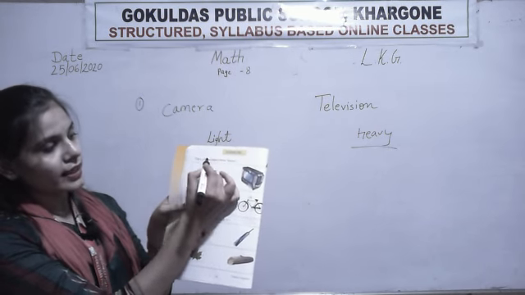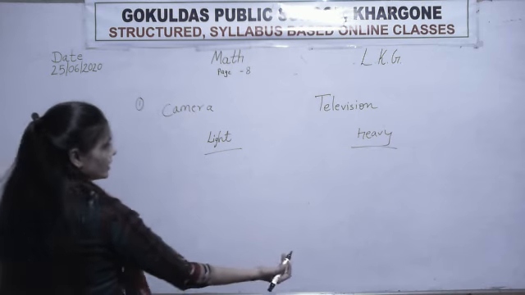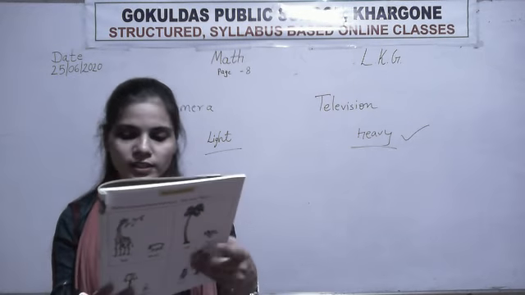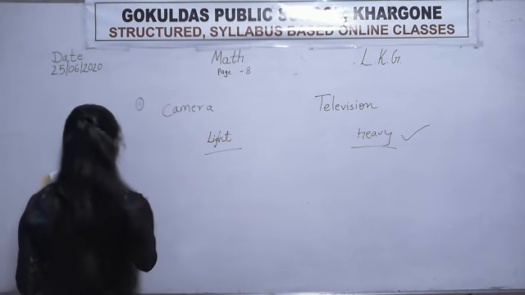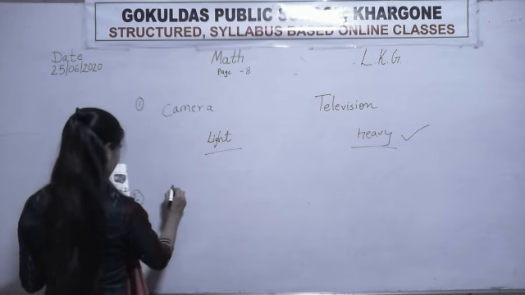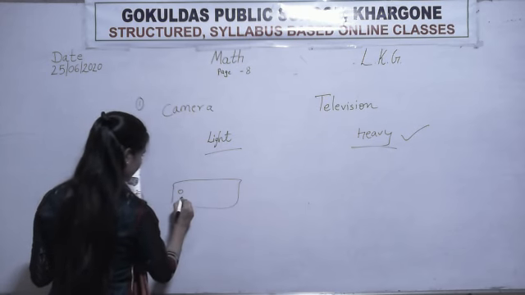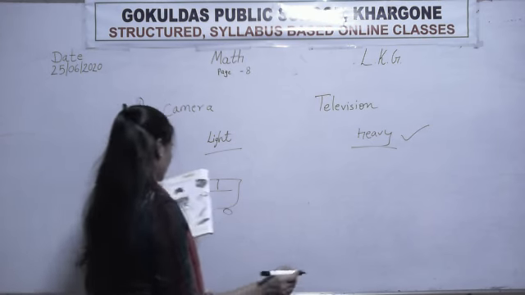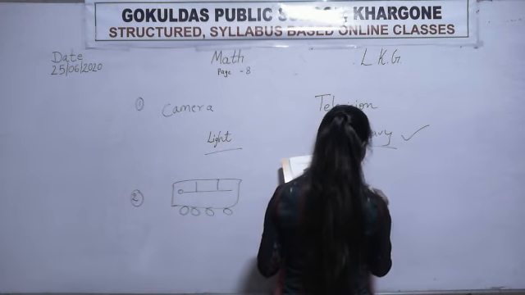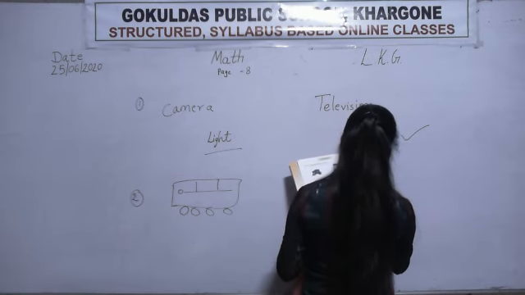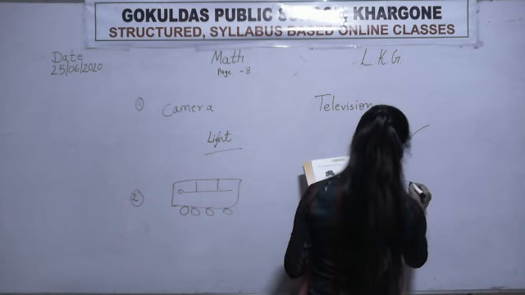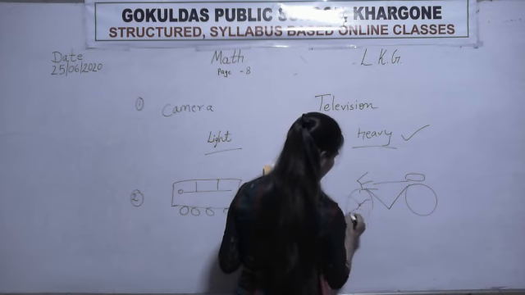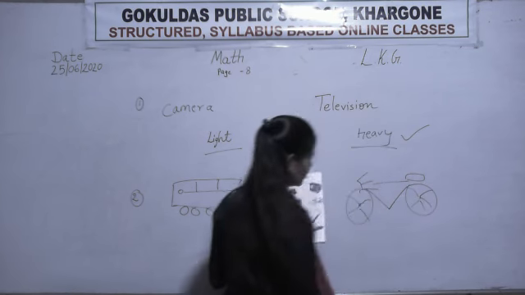The question is tick the object that is heavy. So which one is heavy? This one. So tick the object. Simple. Okay. Now second question is bus and bicycle.